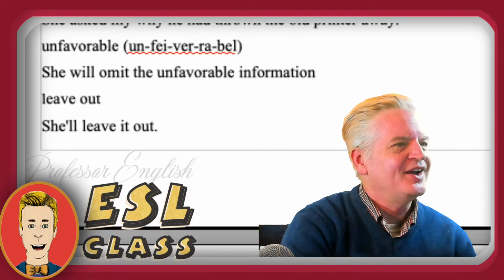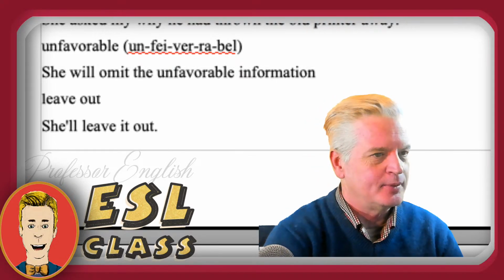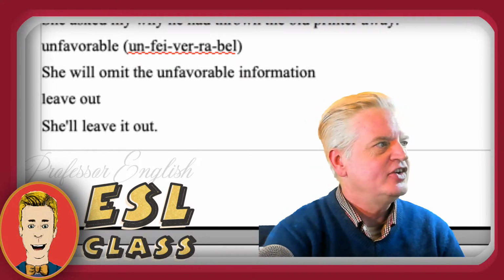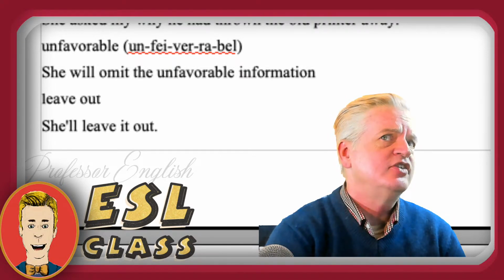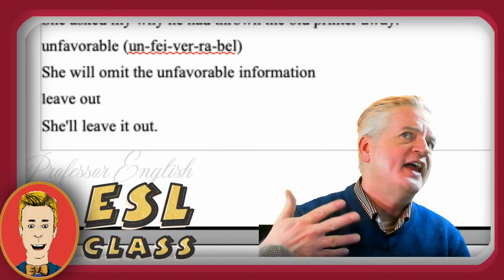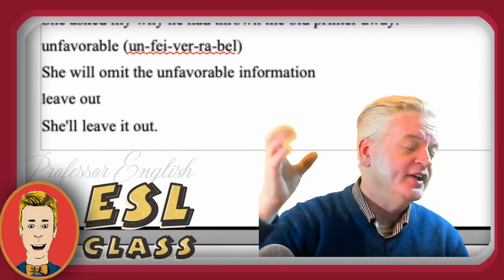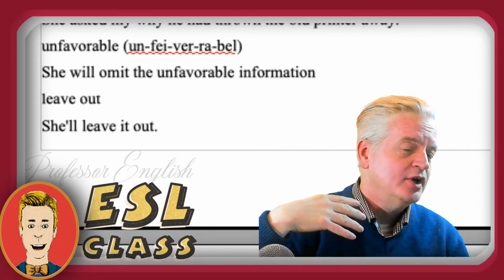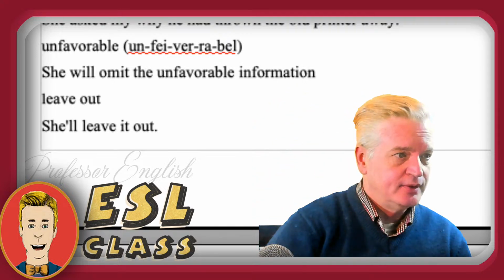Okay, so now let's try a new sentence here, which is, she will omit the unfavorable information. If you speak a Latin language, like Italian or Spanish or Portuguese or French, then probably you know the word omit.